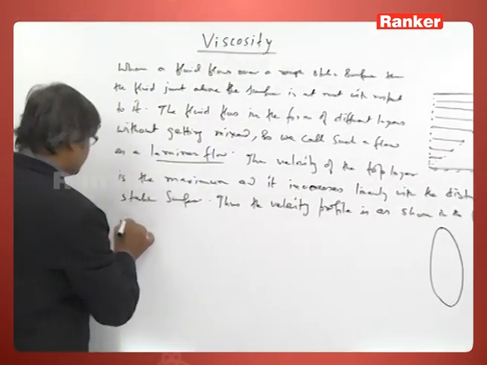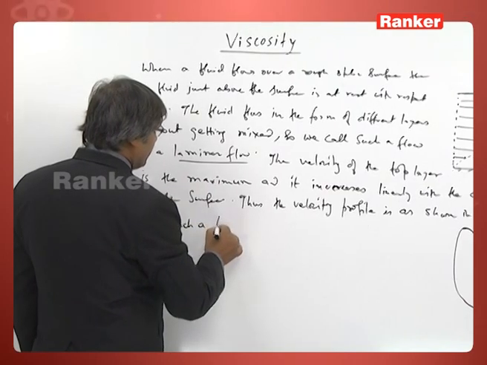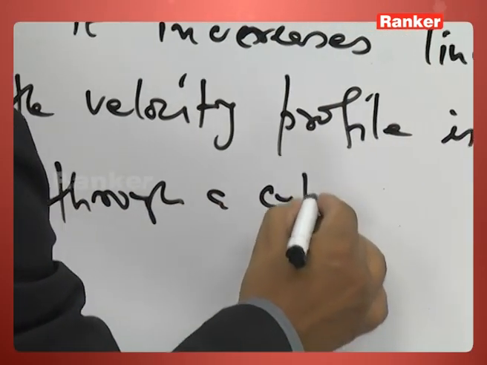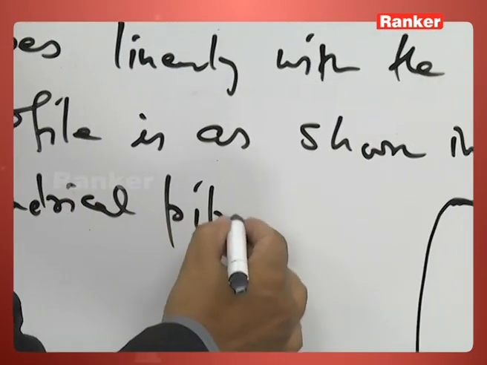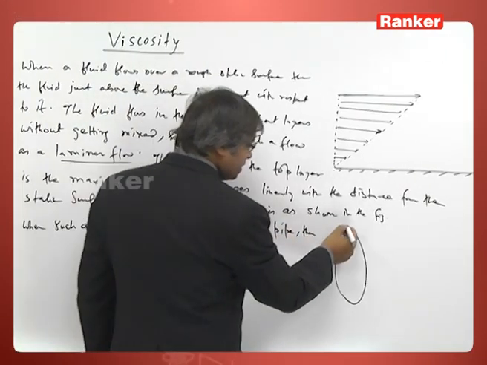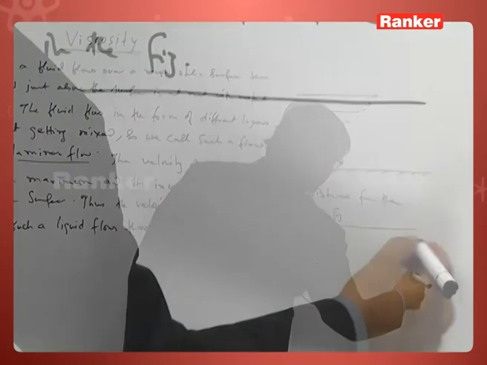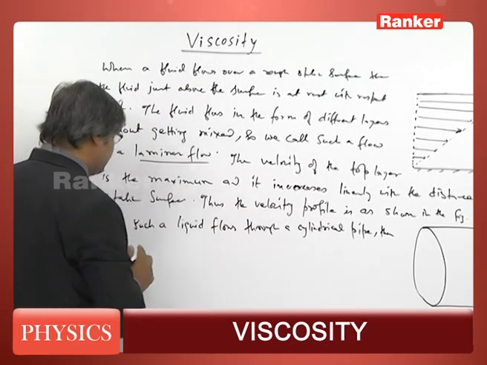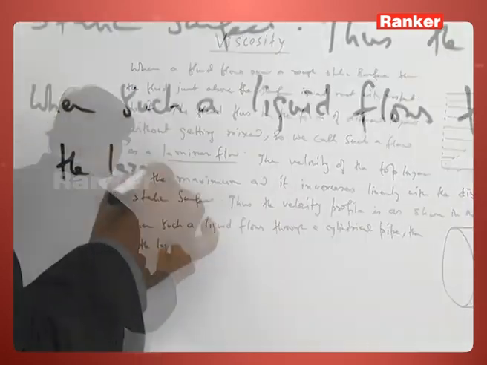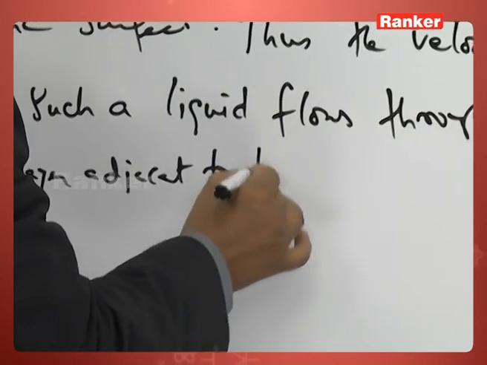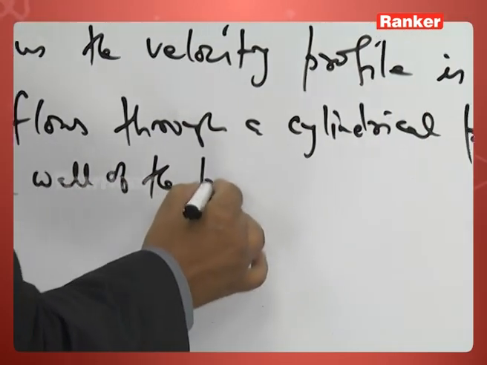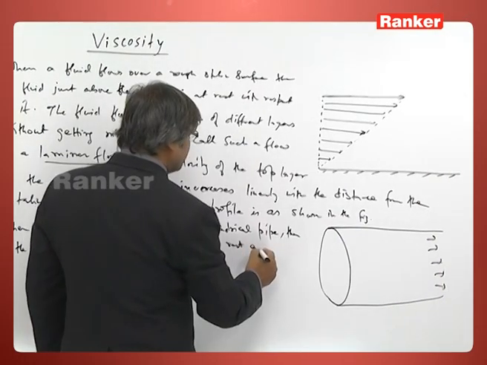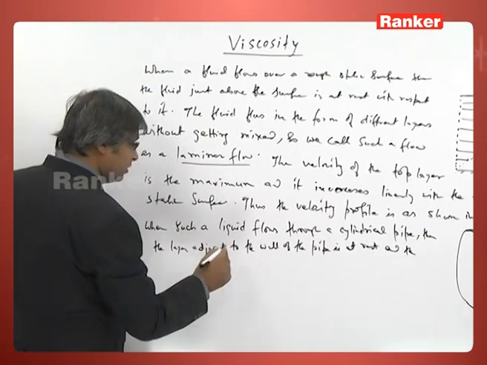When a real liquid flows through a cylindrical pipe, the layer adjacent to the wall of the pipe is at rest.